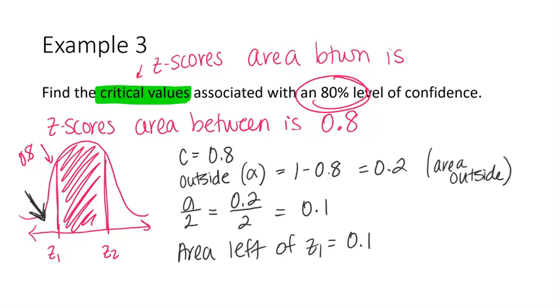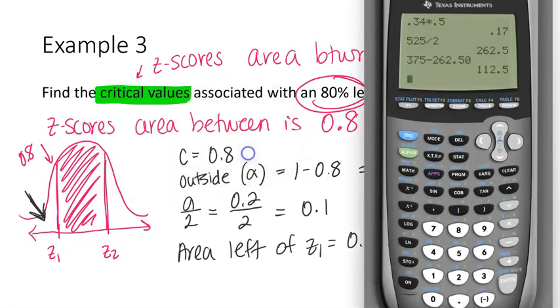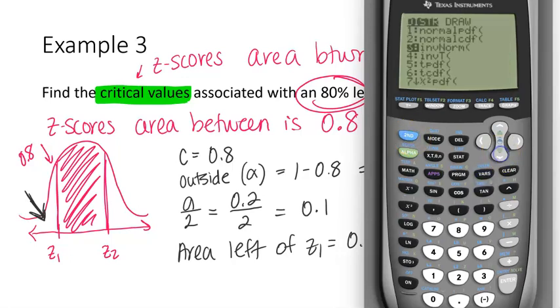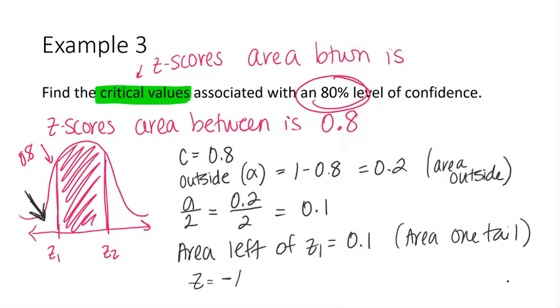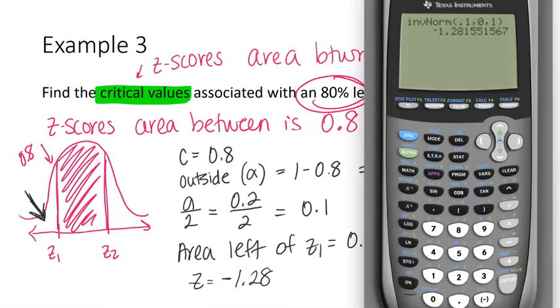As we move forward, you will hear that as area in one tail of my bell shape, of my normal distribution. From there, I'm going to bring that calculator up. We're going to go to our inverse norm. 0.1 is my area left. And it gives me my first z to be negative 1.28 with rounding.